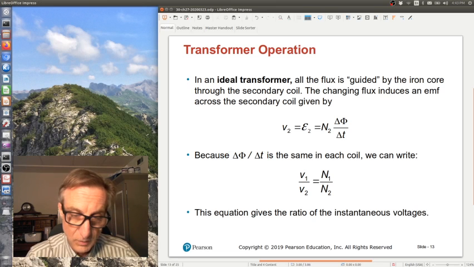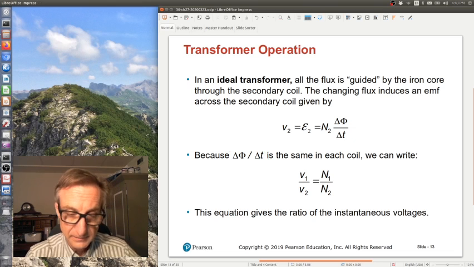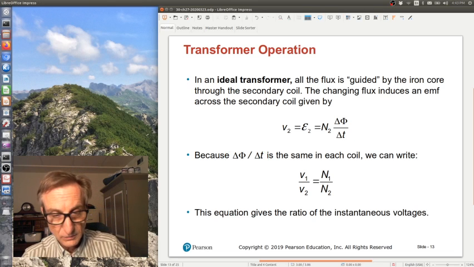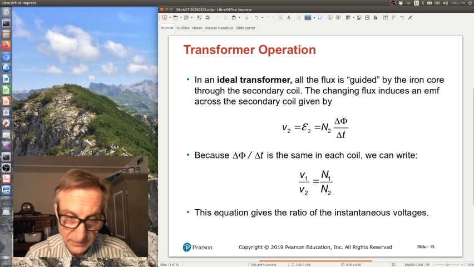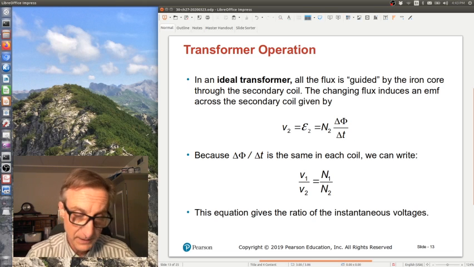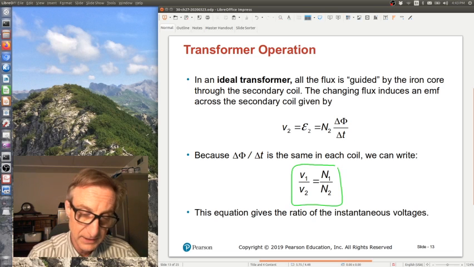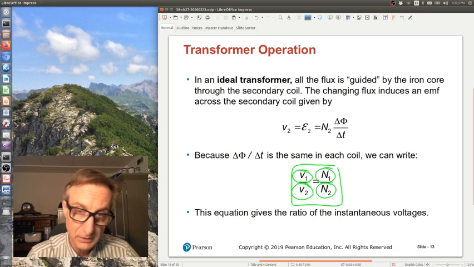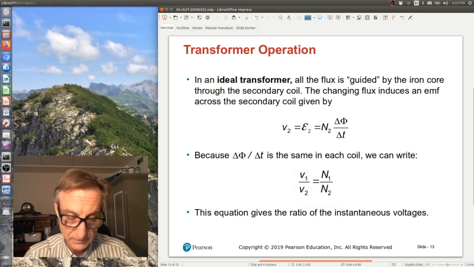So because V1, which is N1 delta phi over delta t, is related to V2, which is N2 delta phi over delta t, because they have the same delta phi over delta t, we can cancel out the common factor of delta phi over delta t, and we can arrive at this equation right here. The voltage in the primary coil divided by the voltage in the secondary coil is equal in ratio to N1 over N2.